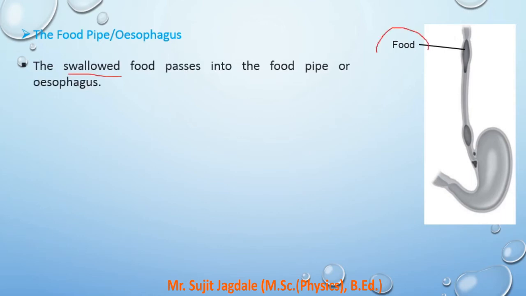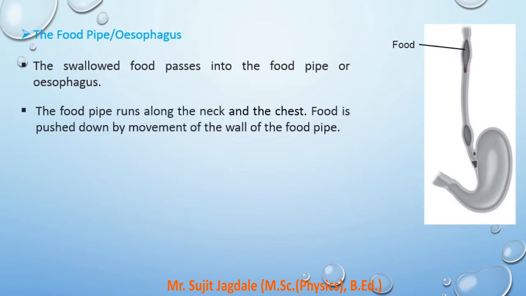You can see the food particle which is swallowed from the mouth or the buccal cavity. Now this food pipe runs along the neck and the chest. It starts from the neck and ends at the chest. Here you can see the starting and ending point of the food pipe in the diagram.